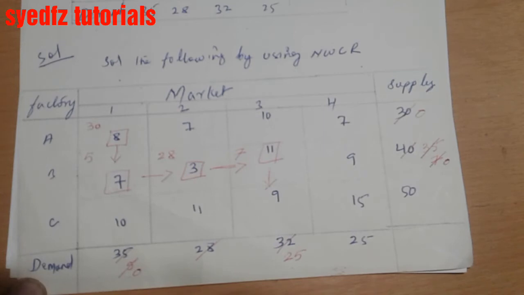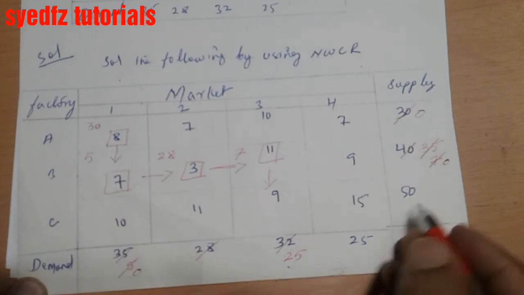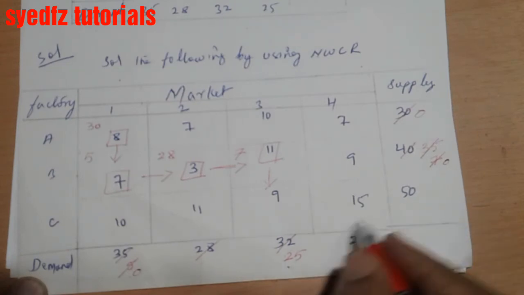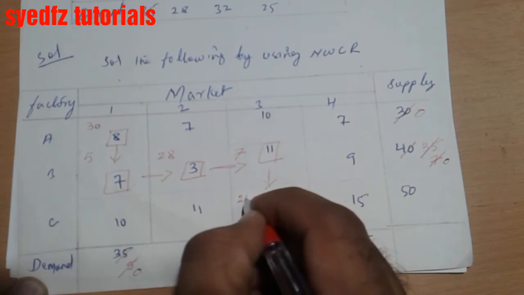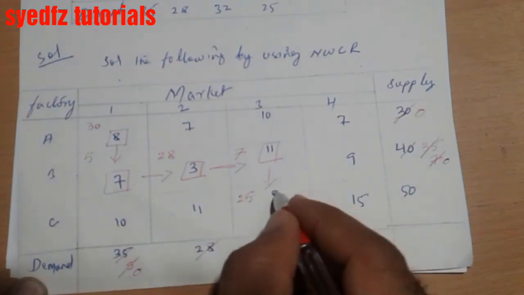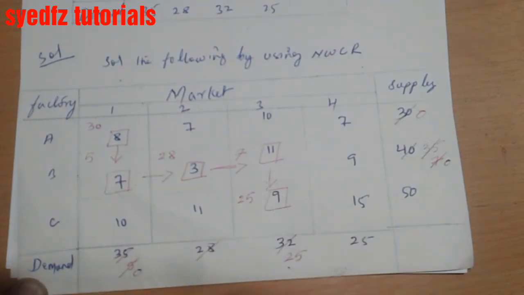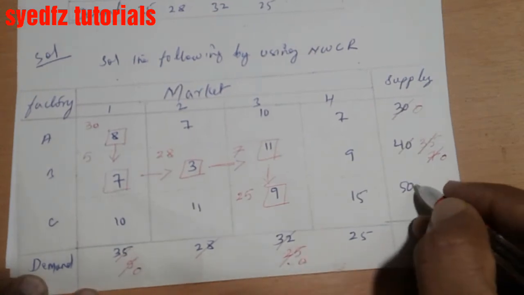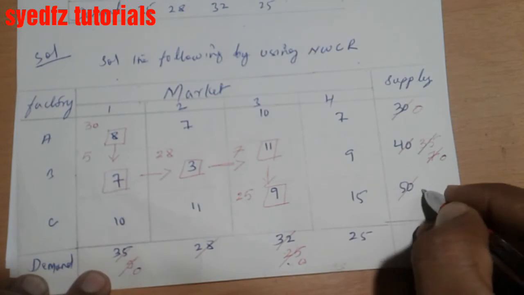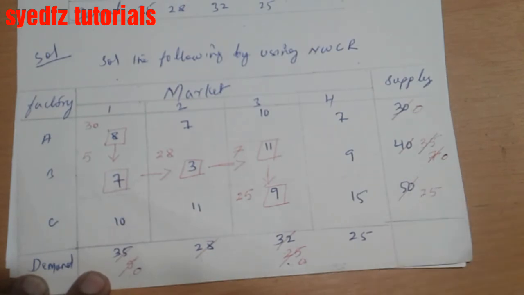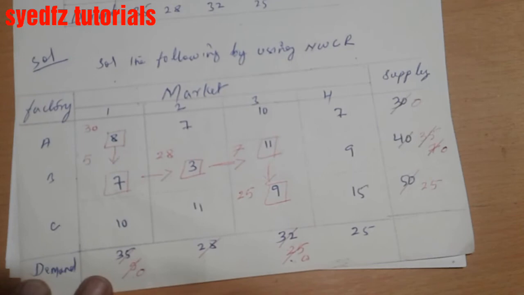Here the demand is 25 and the supply is 50. So we have much supply, so we can fulfill the whole demand of 25. Allocate this 25 to 9. So this 25 becomes 0, and from 50 we have remaining supply of 25.